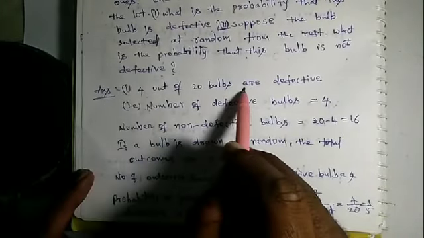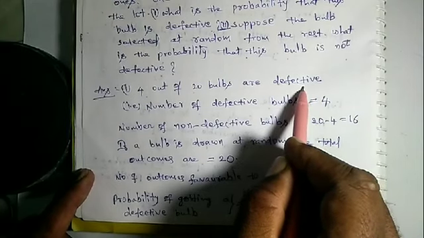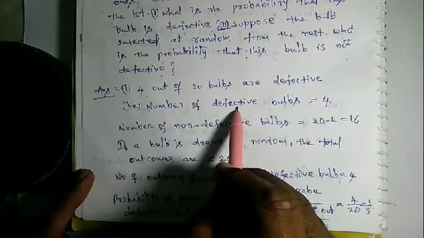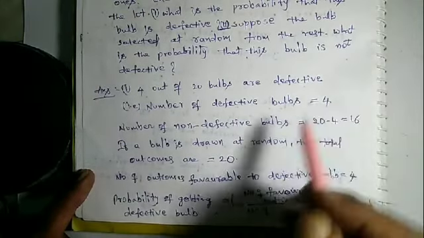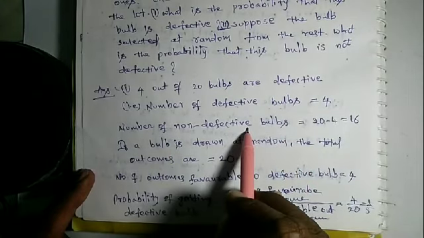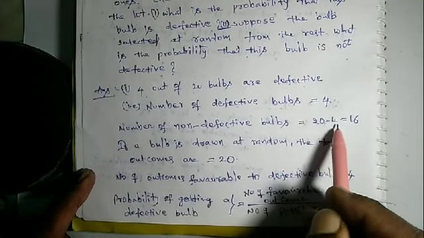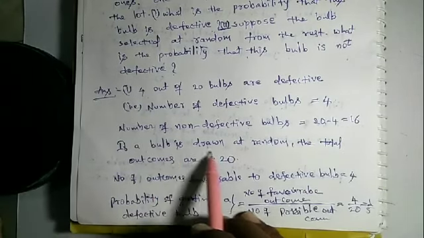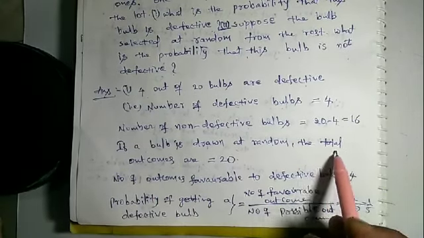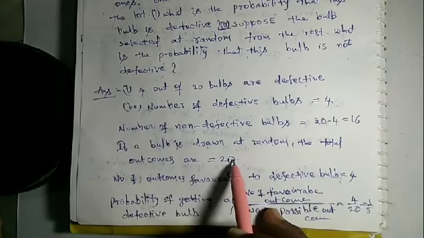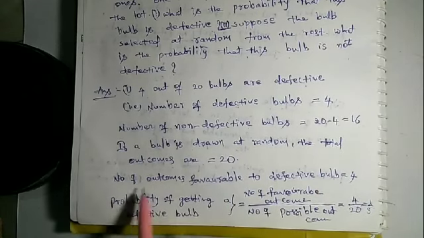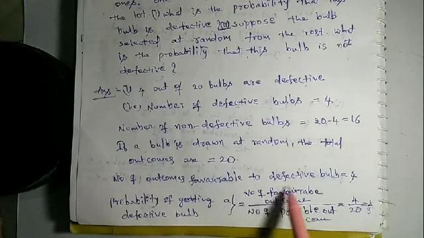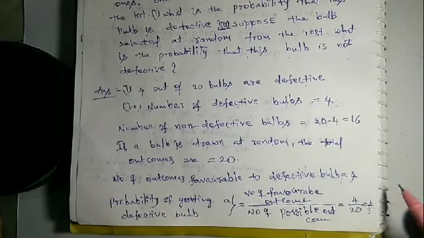4 out of 20 bulbs are defective, is it not? That is, number of defective bulbs are 4. Number of non-defective bulbs is 20 minus 4, that is equal to 16. If a bulb is drawn at random, the total outcomes are 20. Number of outcomes favorable to defective bulb is equal to 4.